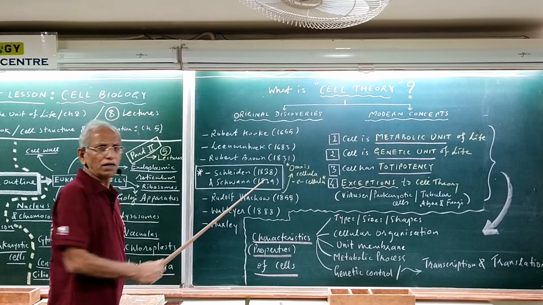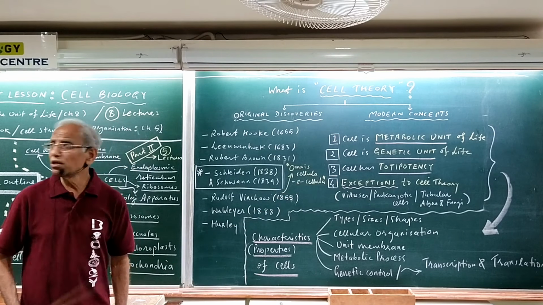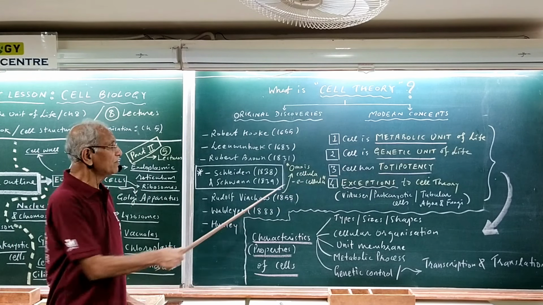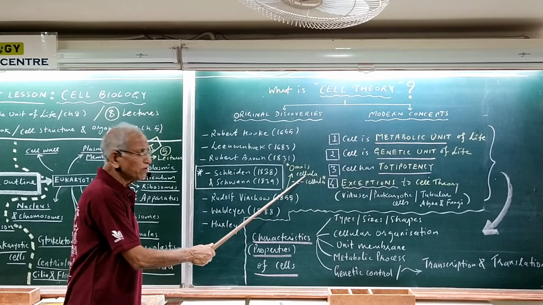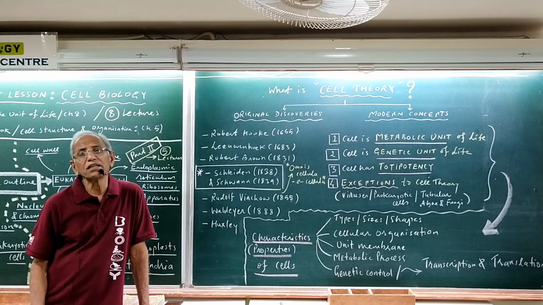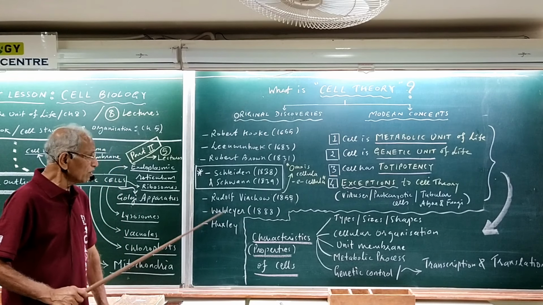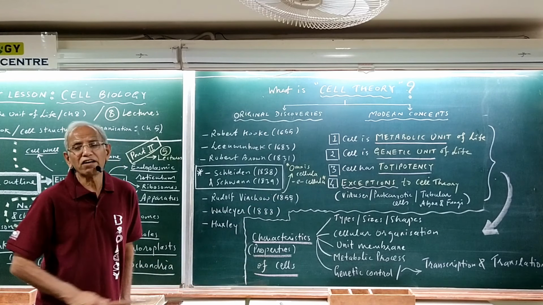Omnis cellula e cellula. You will get this statement in both the books. What is the meaning of these things? The statement, which is a Latinized wording, says that cells are formed from pre-existing cells. That means cells divide. But it was not clearly known till 1855.